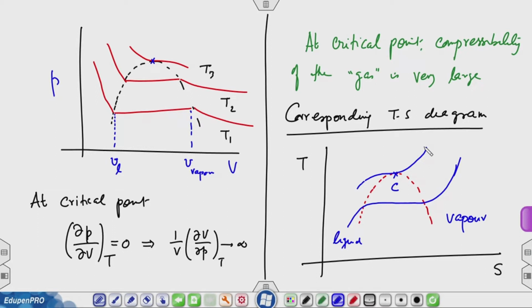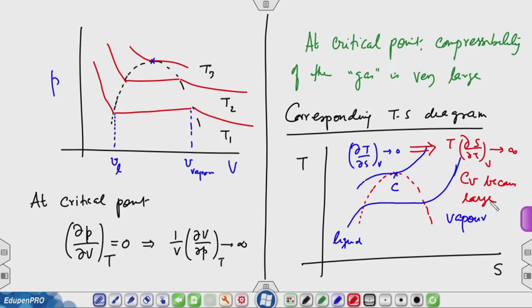So that at the critical point, I have dT/dS at constant volume going to 0, which implies that T partial S partial T at constant volume goes to infinity. So CV becomes large.